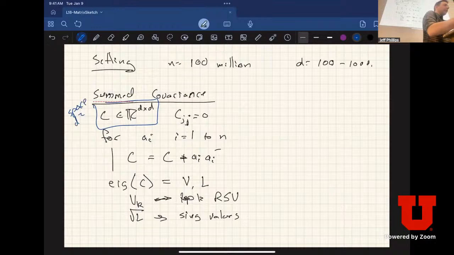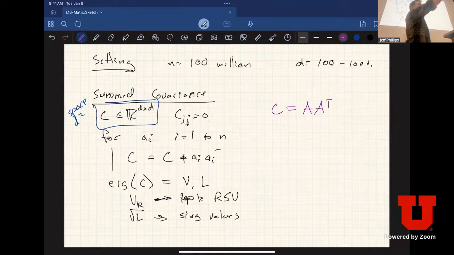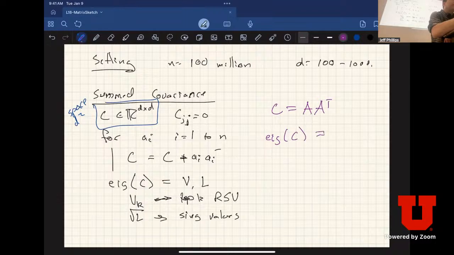The reason why this works is that C at the end is going to be equal to A transpose A. One way of computing this is looking at all of the rows of A, summing up, and doing their outer products. So the eigen decomposition of C is basically going to give me the SVD of A, kind of squared.